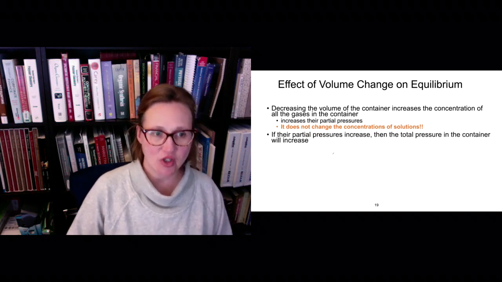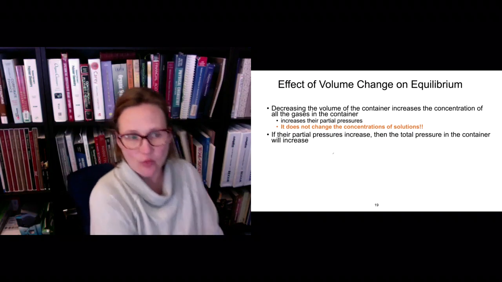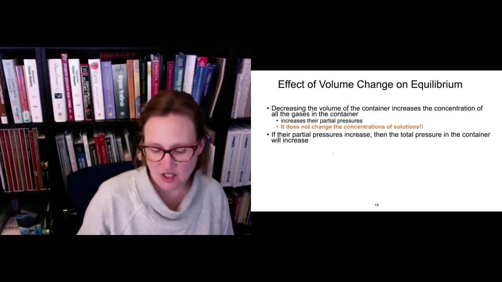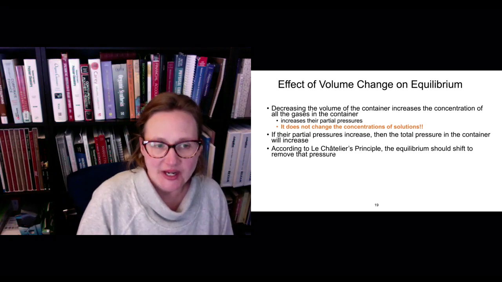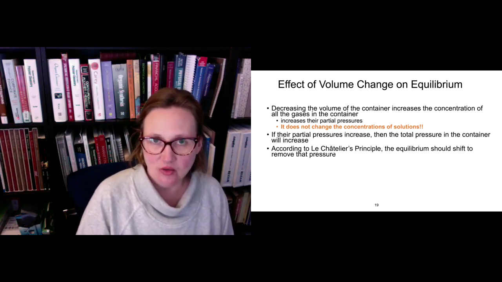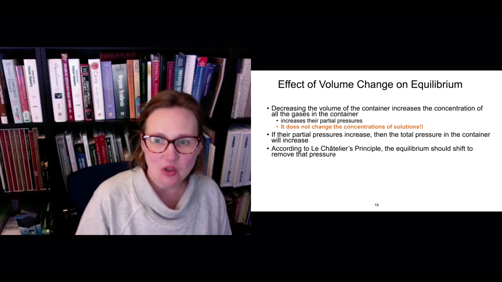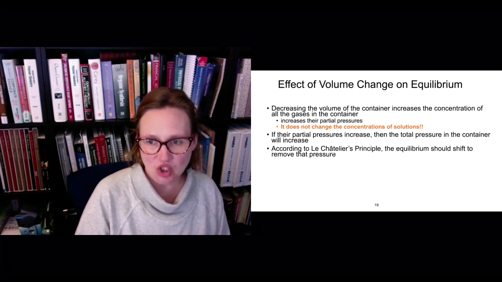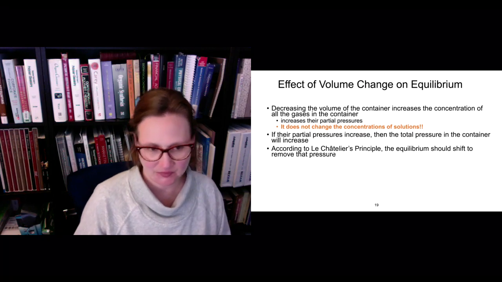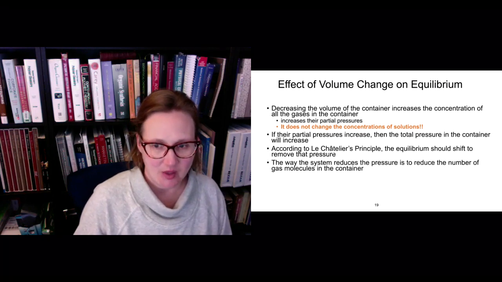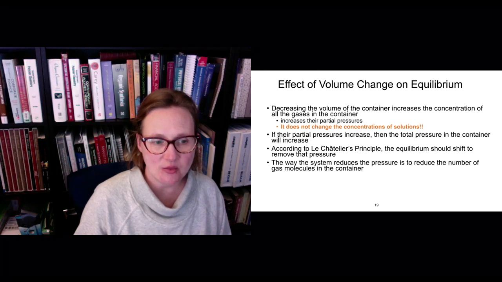But if their partial pressures increase, then the total pressure in the container will increase. And so according to Le Chatelier's principle, the equilibrium is going to shift to remove that pressure.